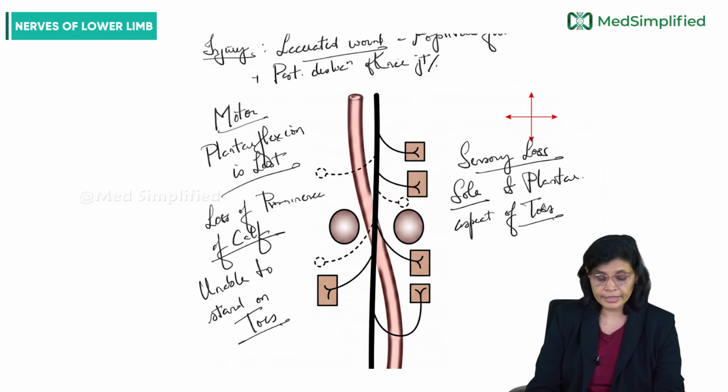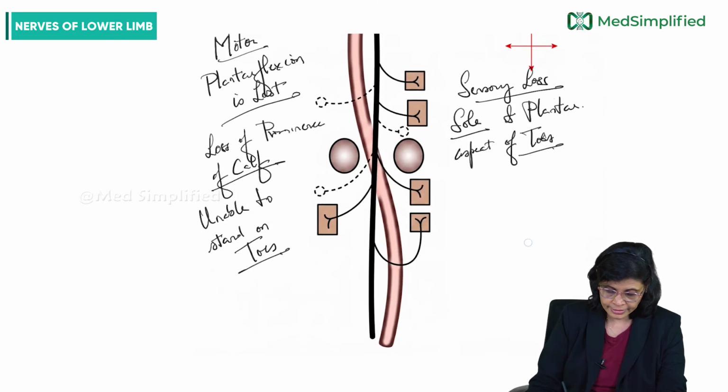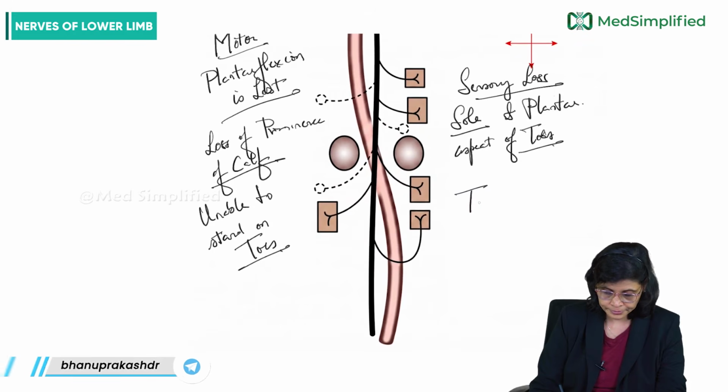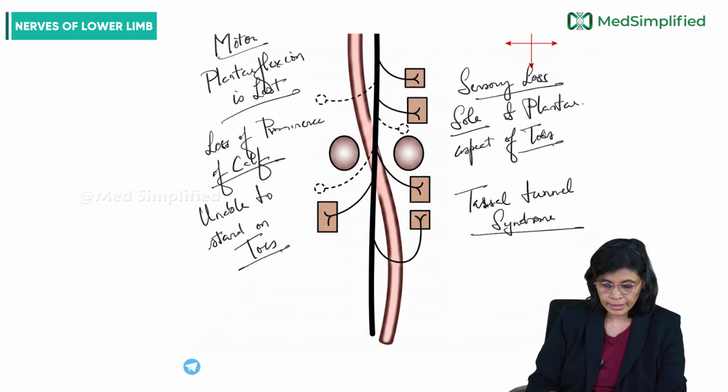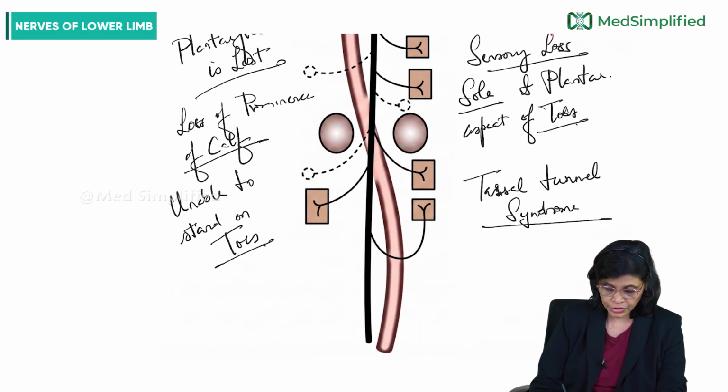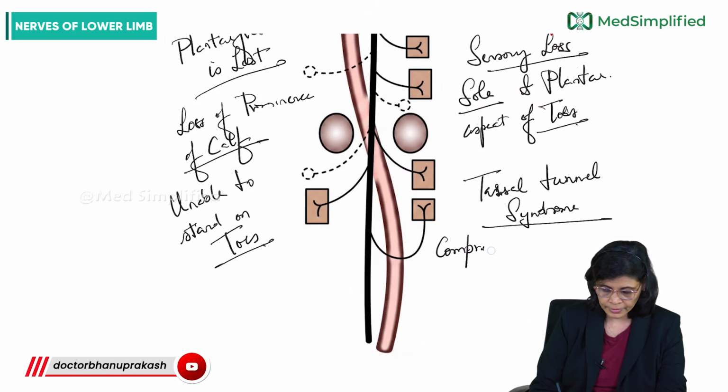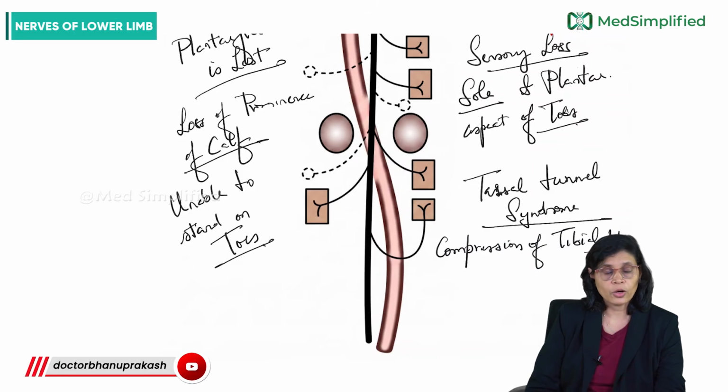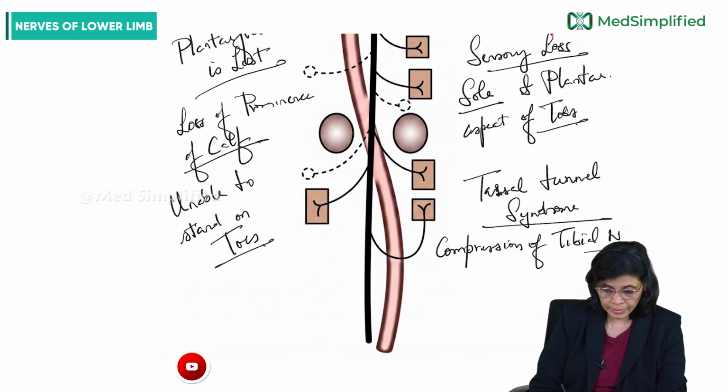Then there is a condition known as tarsal tunnel syndrome. What is this tarsal tunnel syndrome? It occurs because of compression. These are neuropathies which occur due to compression of the tibial nerve in the osseofibrous tunnel.